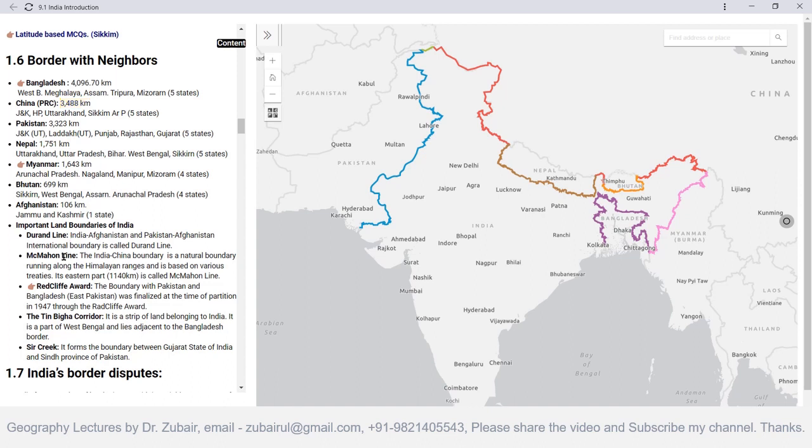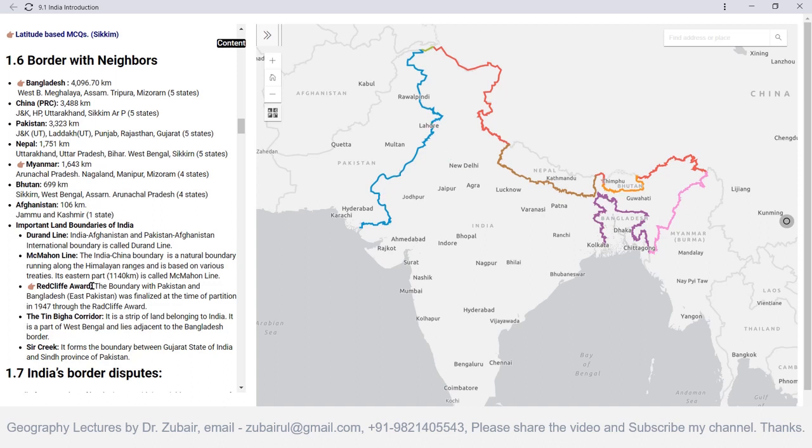The McMahon line is on the India-China border, towards this eastern side. That is the McMahon line. And the Radcliffe line refers to the lines in between Pakistan and Bangladesh. So these are the 2 lines, one with Bangladesh, another with Pakistan.